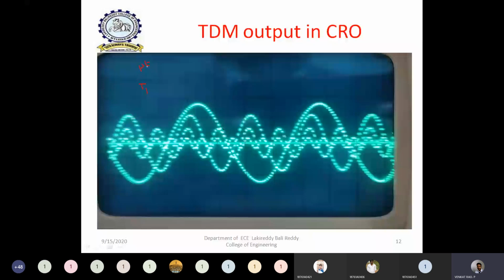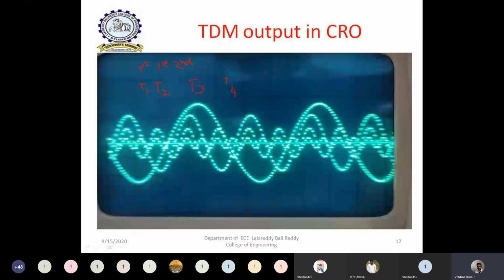Next, at time instant t2, the first sample of the second signal may be obtained. Similarly, at the next time instant t3, the first sample of the third signal will be obtained. And again at time instant t4, the first sample of the fourth signal will be obtained.